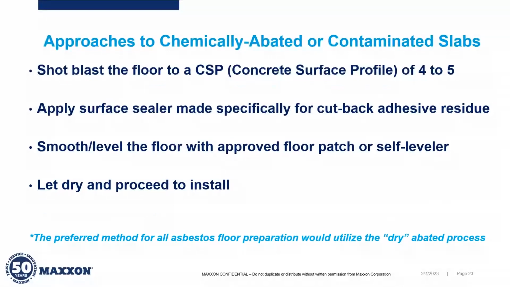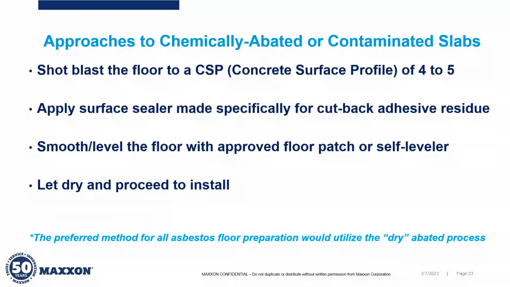Maybe it's a healthcare facility or a food preparation facility, and dust is out of the question. And at that point, this chemical abatement process has taken over. It also happens to be a little bit more cost efficient, but that's before you figure out what the added costs are if you don't do it right and you don't remove the contaminants from the surface.